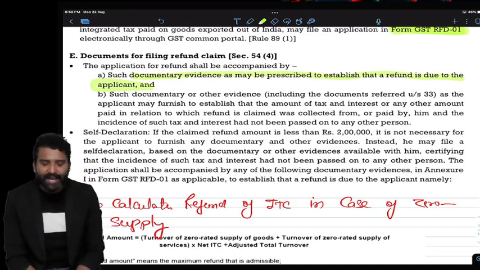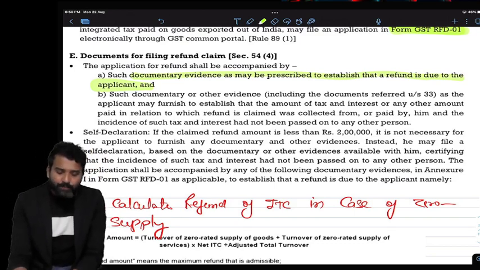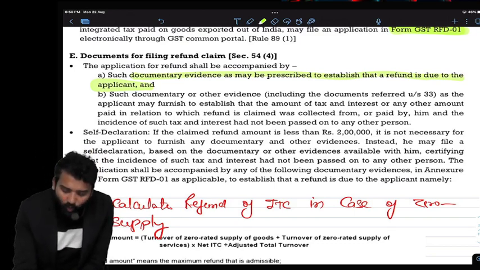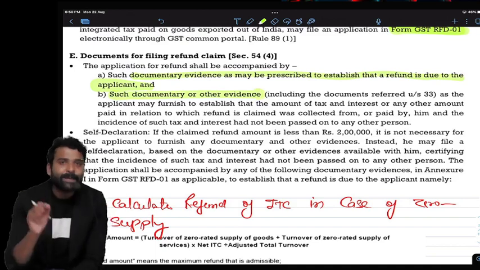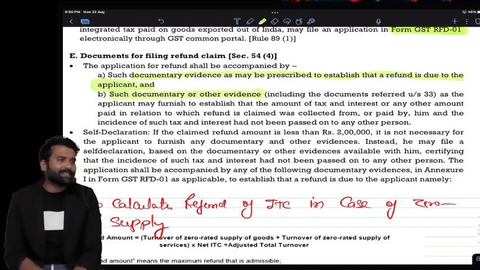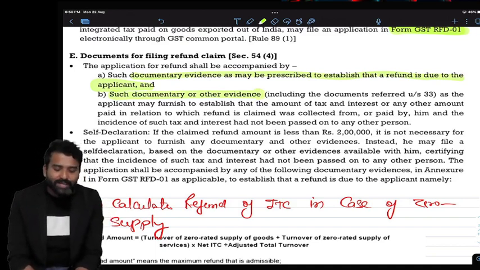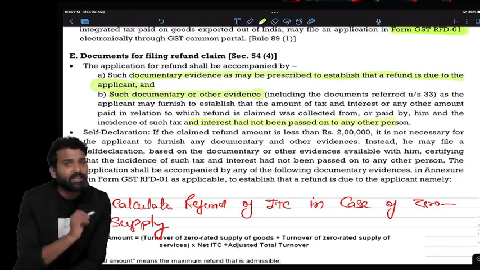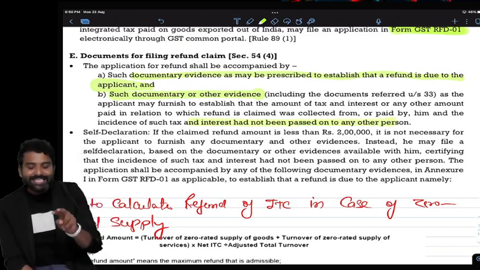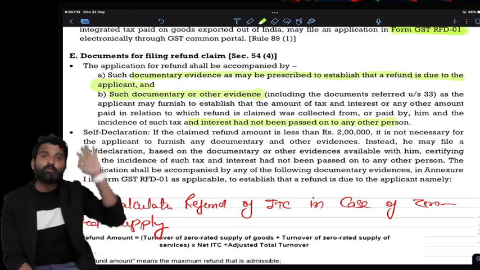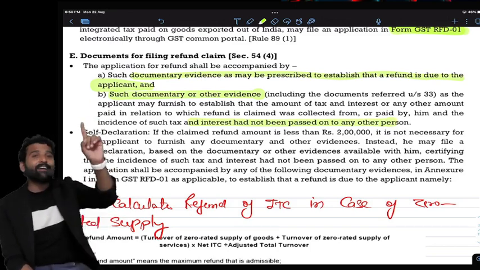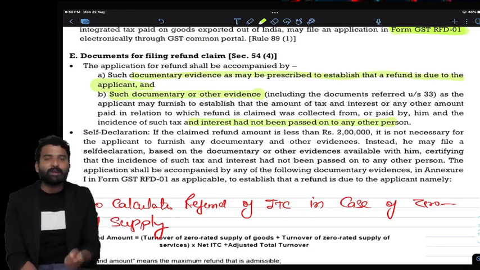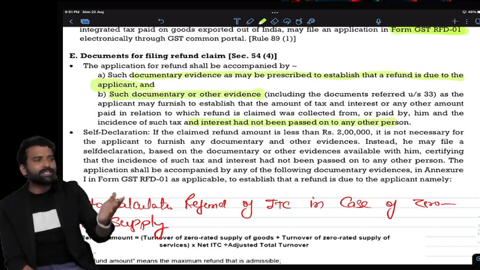Now, another document is required that will prove the doctrine of unjust enrichment. Such a document will prove that I have not passed on the burden to another person. But this second document will not be required in a lot of cases where, as I have already mentioned, there is no requirement of proving unjust enrichment. In that case, you don't need the second document. Of course, you have to establish your refund application.